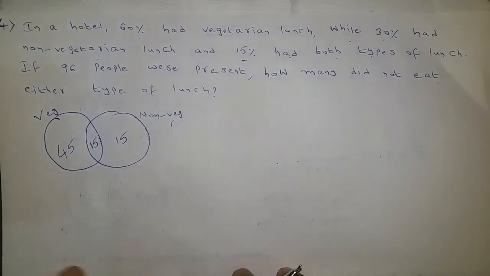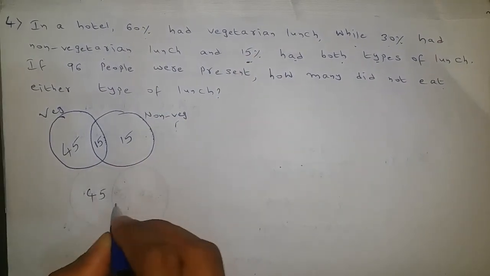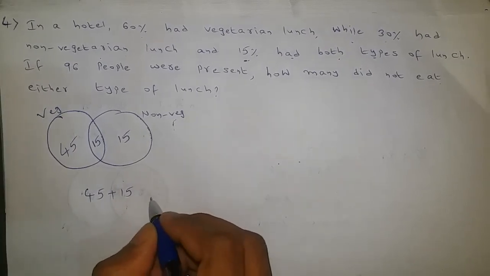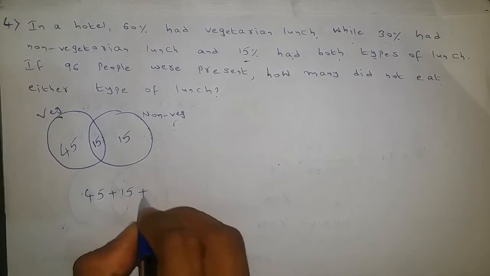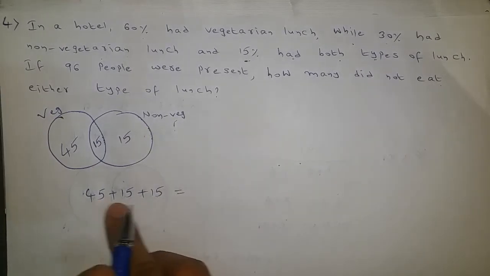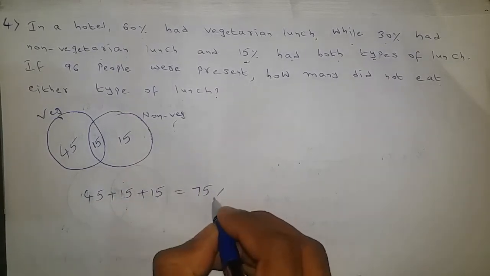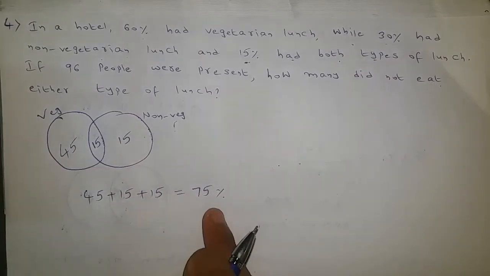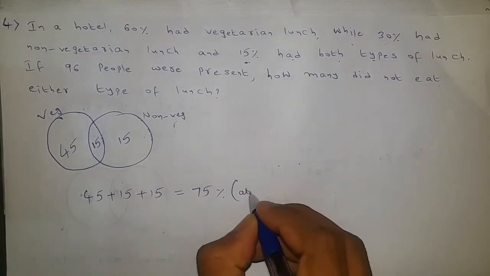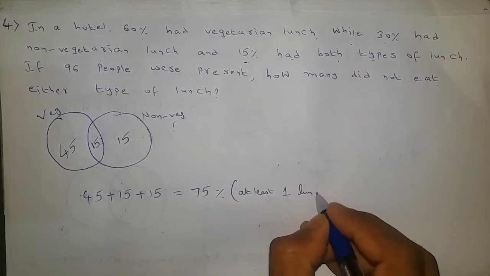Now, let's check the total. 45 percentage will eat only veg, plus 15 percentage will eat only non-veg, plus 15 percentage will eat both. 45 plus 15 is 60, 60 plus 15 is 75. It means 75% of people will eat at least one kind of lunch.